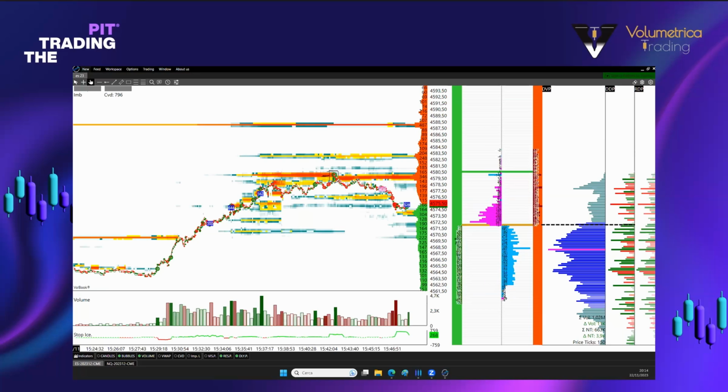And immediately after, we have no follow through of these buyers keeping on pushing in their original direction. On the opposite side, we have this nice little swing made only by aggressive sellers, the majority of them. So from here on, we can already say that buyers are struggling to break through that liquidity.